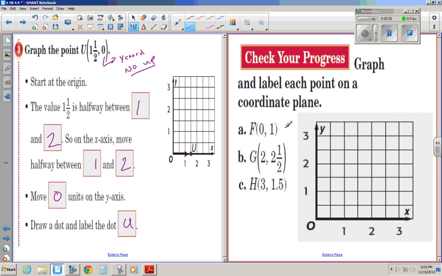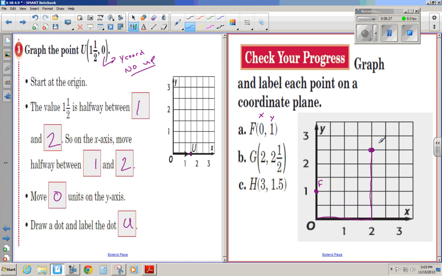So on that same part, let's do 0, 1 and label it F. So 0 is the x, 1 is the y. So 0, 1, and label it F. Then 2, 2.5.